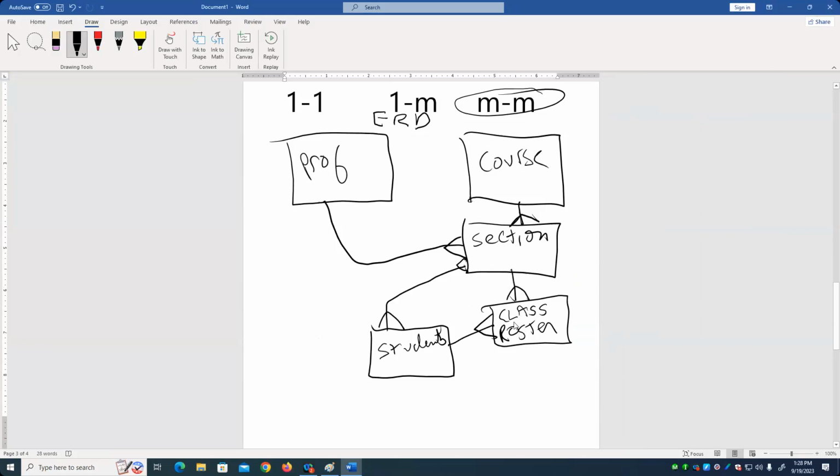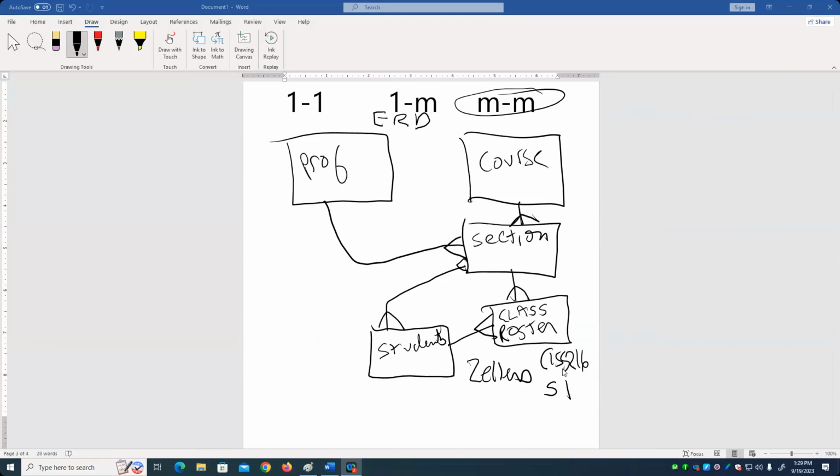But each class roster record, which matches up the student and the section, each class roster record only matches up with one student and only matches up with one section. So if there's other people in that section, it'd be their student information and the section. If the Zellers took another course, Zellers would be there again, along with the fact that he was in some other course.